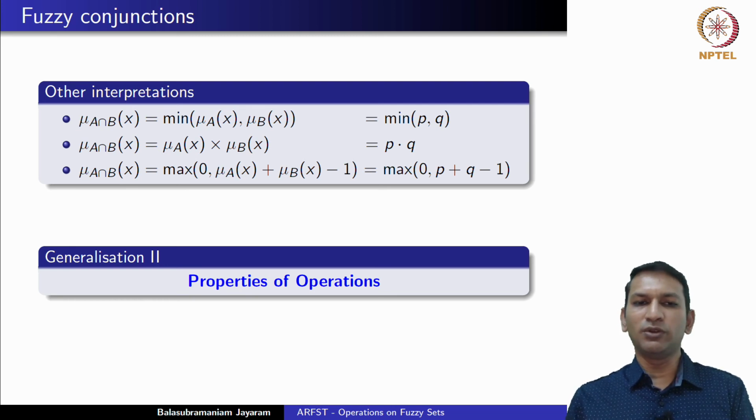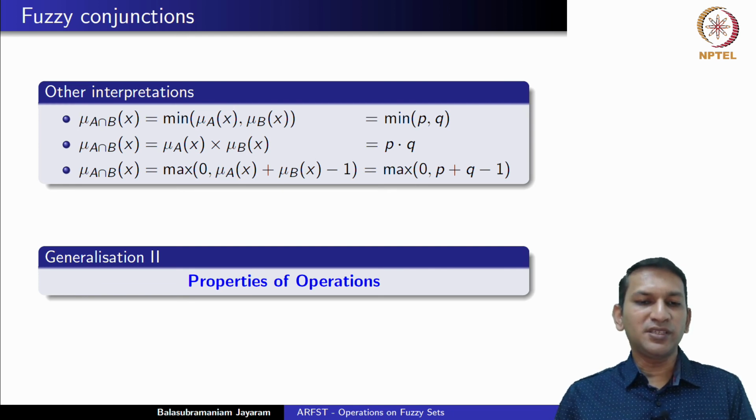We have seen so far only for conjunction, but this is true also for the other set theoretic or logical operations. What is interesting is you would have noticed from the curves that we got by applying these different operations that somehow the properties of these functions differ, and they are actually making a difference when these operations are being applied to a pair of fuzzy sets.